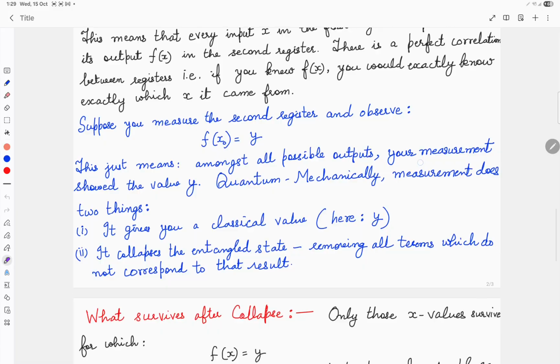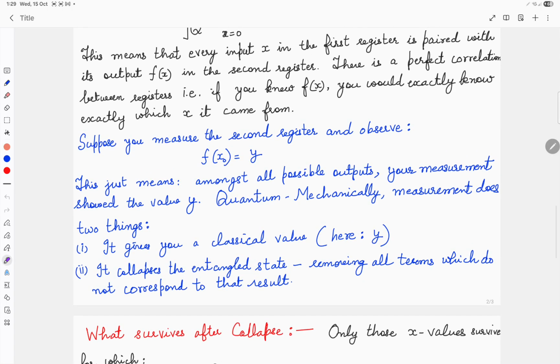Secondly, this is very important: measurement gives you a classical value, and it collapses the entangled state, removing all terms which do not correspond to that result. So the second register contains y.